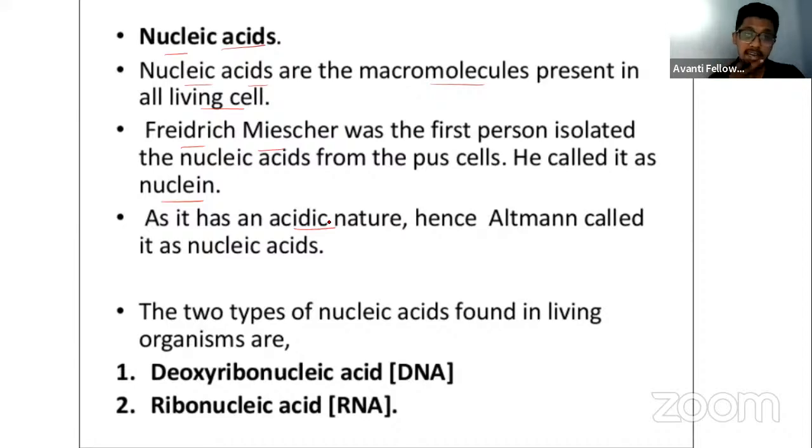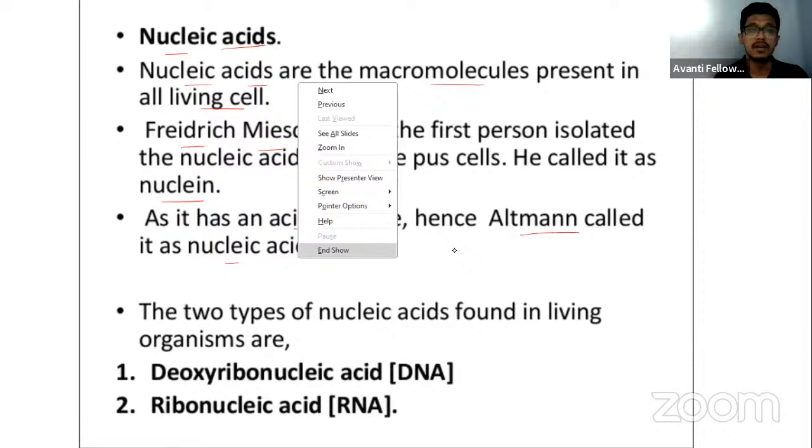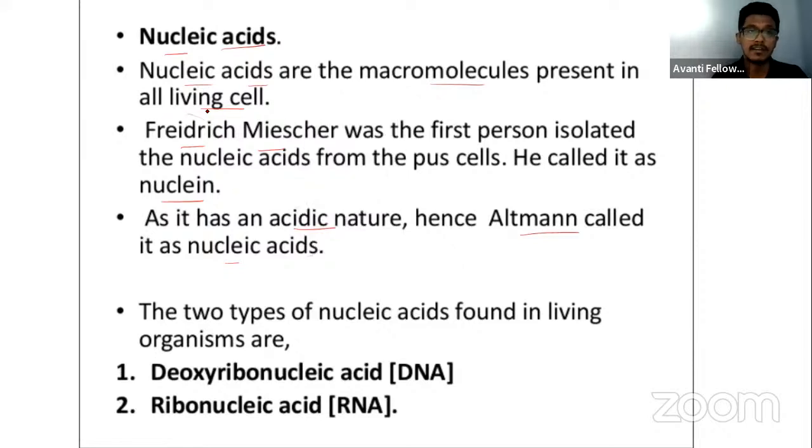Finally, once the acidic nature of nuclein was analyzed, Altman called it nucleic acids, but it was properly discovered and isolated by Friedrich Miescher. Friedrich Miescher isolated it and understood its characteristics, and Altman only analyzed the acidic nature and gave the term nucleic acid. Okay, so there are two types of nucleic acids that are found in every living cell or living organism. That is, either it can be a DNA or it can be an RNA.